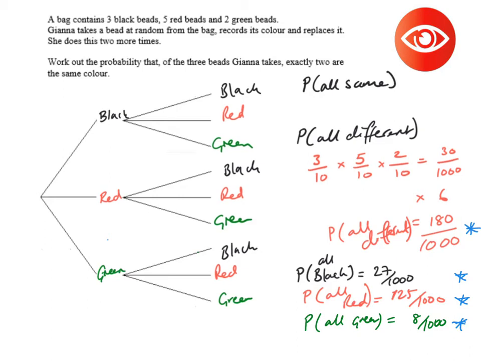So what's left is 2 of a kind. So you're going to do 1, take away those 4 answers. So the probability of having two exactly the same is going to be 660 over 1,000, which of course you can cancel if you so desired.